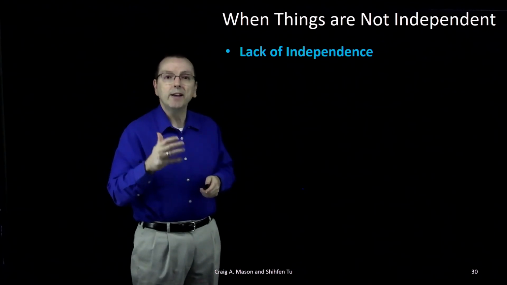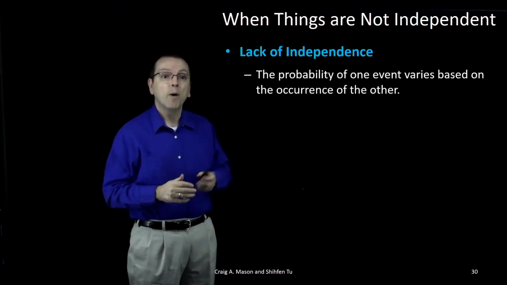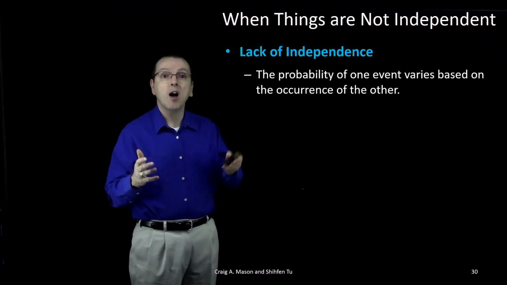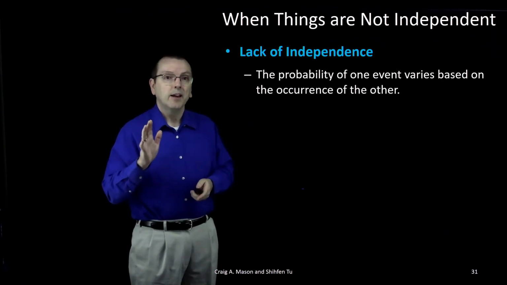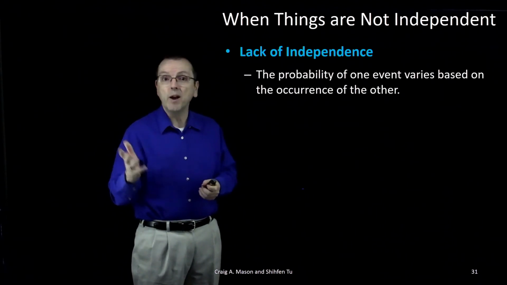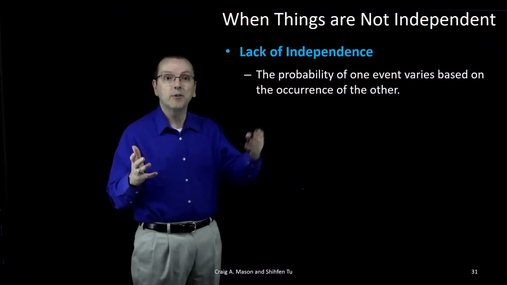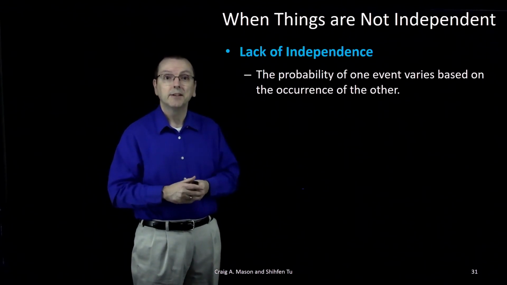Well, two events are not independent. They lack independence when the probability of one event varies based on the occurrence of the other event. In other words, the probability of one event is different depending on what happened in the other event, on the value for that other event.